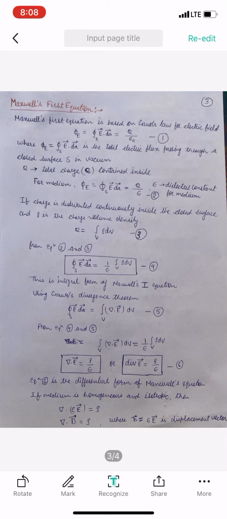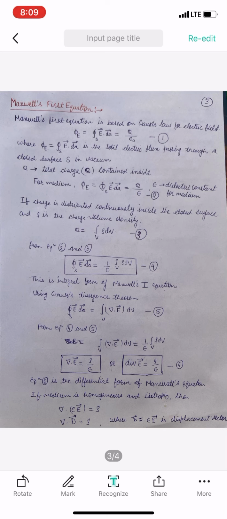The Gauss law states that the total electric flux passing through a closed surface S is equal to 1 by epsilon 0 times the total charge enclosed in the surface.